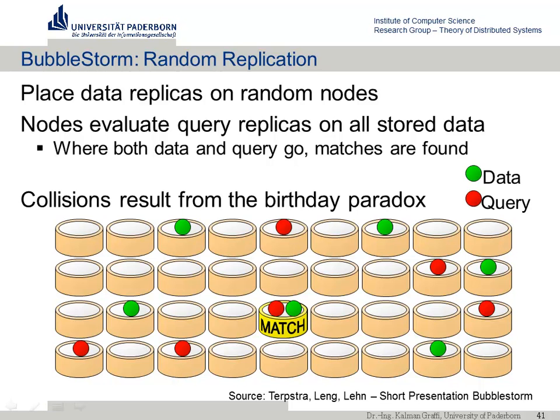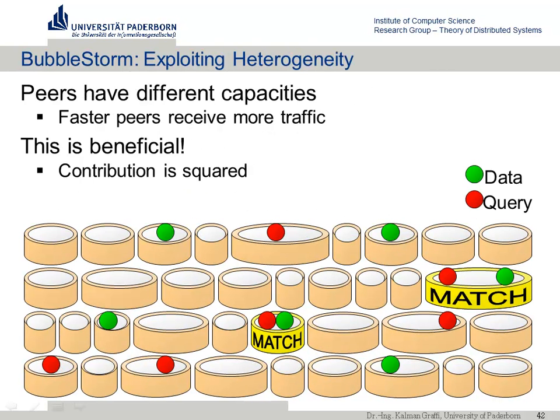Okay, so what little modification is there first also to see. What they also did is that faster peers, stronger peers with a higher bandwidth, have also more neighbors. That means they have more links, and that means that the probability that they are reached is also higher than for peers which have lower bandwidth and less neighbors.